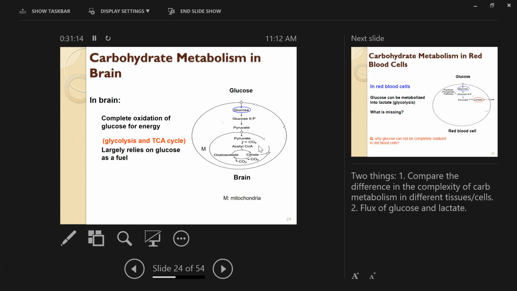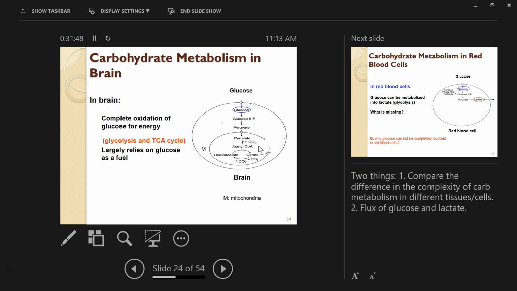So this seems to be the only pathway that brain cells use for glucose metabolism. Brain cells cannot do glycogen synthesis, cannot do gluconeogenesis, right? So they only completely oxidize glucose for energy. And this is the reason why the brain is heavily reliant on glucose for energy, right? It utilizes a lot of glucose for energy.